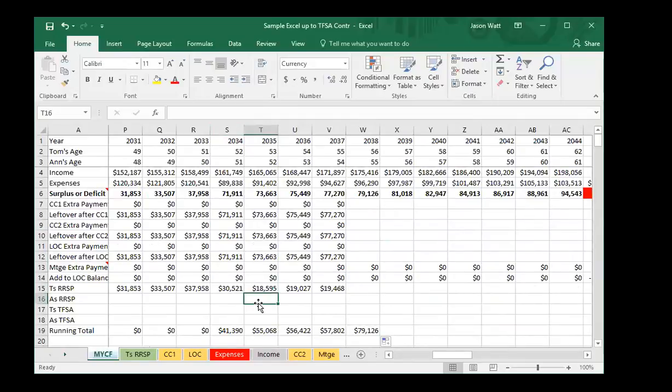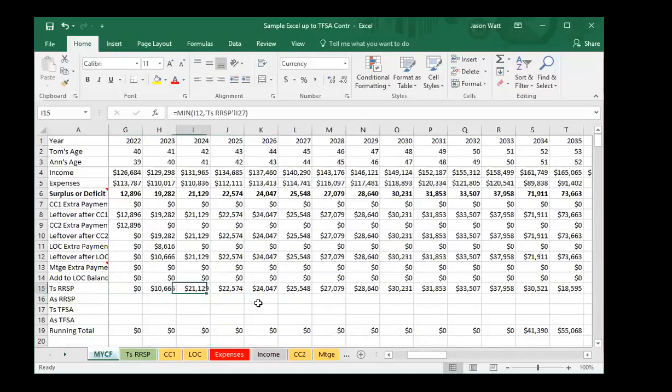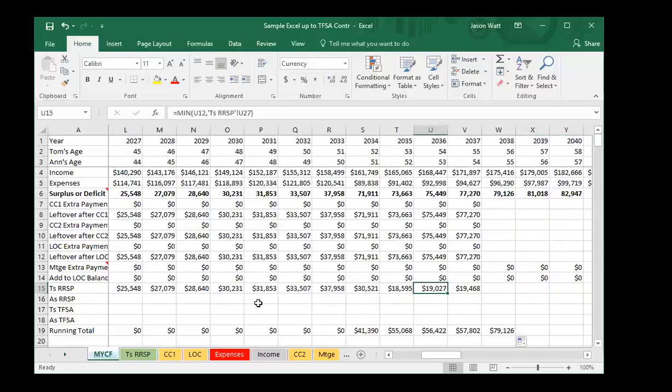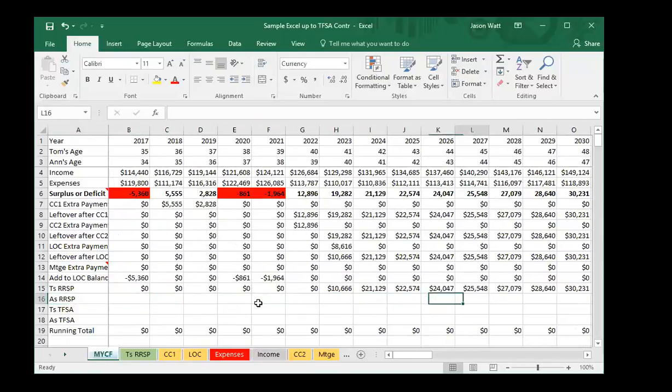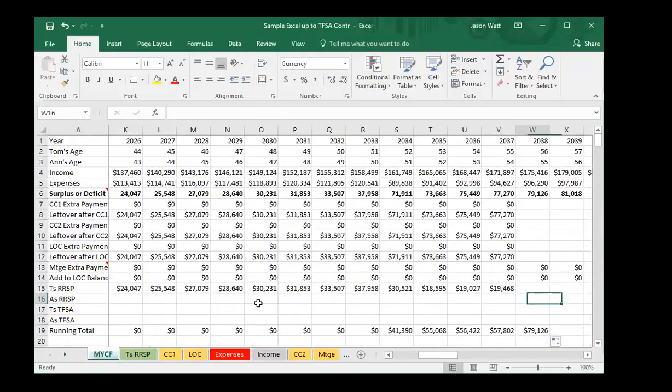Now, you might not want to max out Tom's RSP all the way. You might want to use Ann's a little bit. Whatever the case is, you can build your maximum formula to accommodate that. I use Tom's first because he's the lower income earner, but at some point it probably doesn't make sense just to absolutely max that out.